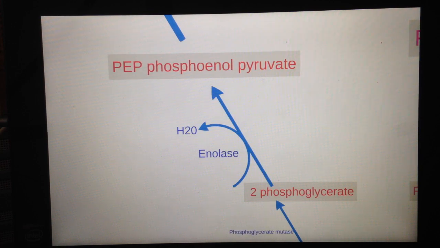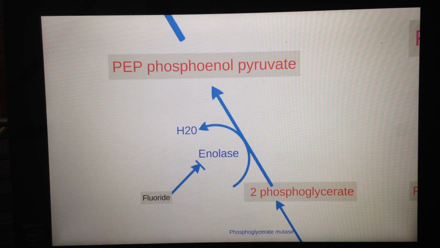Okay, I'm going to be talking about enolase. What is so special about this step? Enolase is actually inhibited by fluoride, and fluorides are very special for dentists especially. What does it do? Basically, it will prevent oral caries, right? I can explain this in the sense that oral bacteria have to carry out glycolysis in order to live.